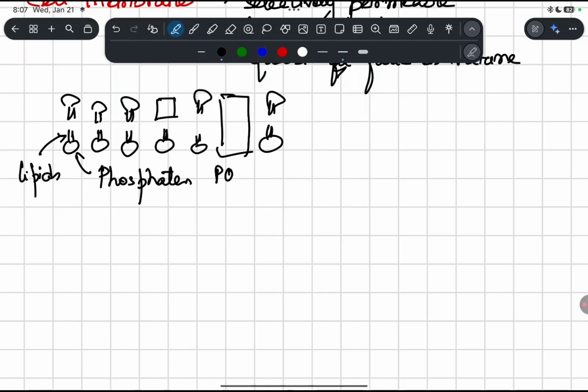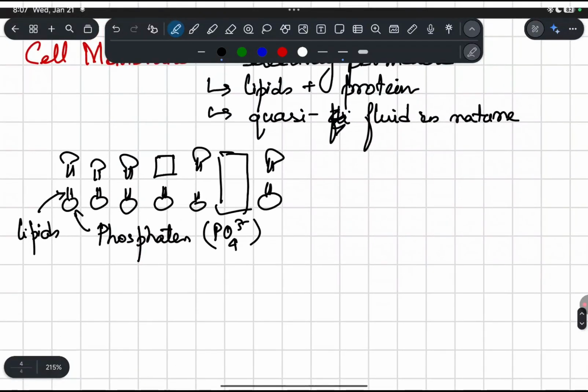Phosphate is generally written like this, PO4 3 minus. If we take the single one, we'll call it phospholipid.